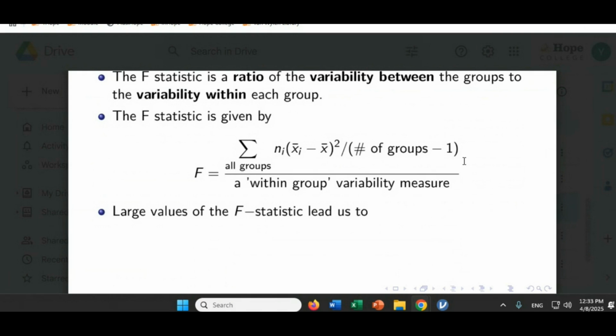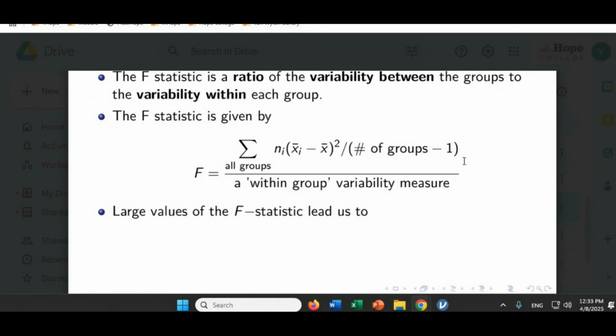But I'm talking about the House. This is a House of Representatives kind of argument. A state with a larger population gets more say in the House. A group that has a larger sample size will get more say in the F statistic. Therefore, it has more pull. If you have a mean very different from everyone else, and your sample size is big, you're going to blow up your F statistic.